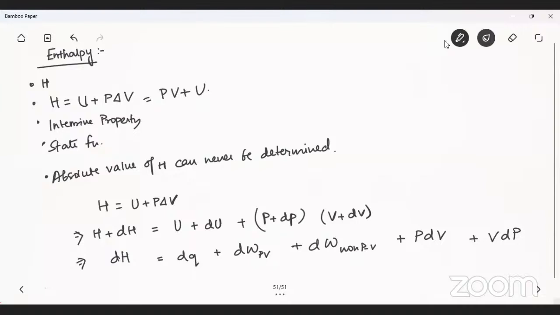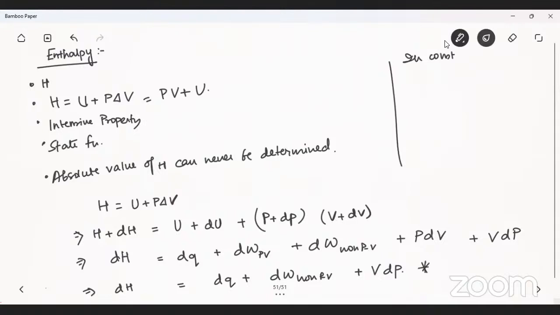So del H comes as dq plus dw non-PV plus V dP. So at constant pressure, delta H is equal to delta Q at constant pressure along with dw non-PV.